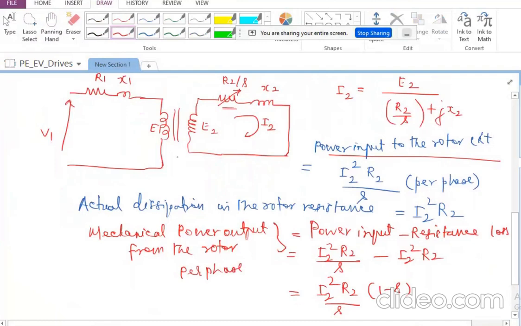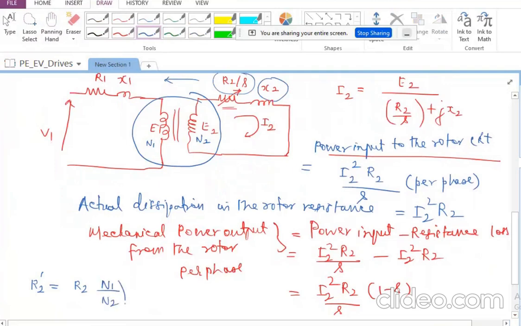Now, because this is functioning exactly like a transformer, I should be able to transfer this resistance and this inductance to the other side. So if I may call this number of turns as N1 and this as N2, I can very well say this resistance transferred to the other side, that is from the secondary side to the primary side, that is going to be R2 multiplied by N1 divided by N2 the whole square.